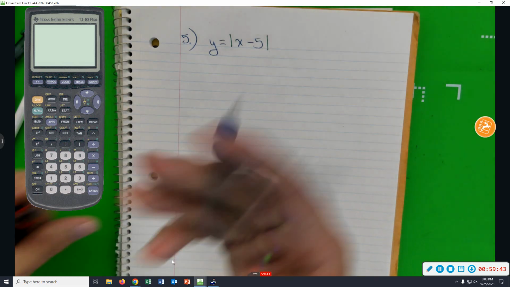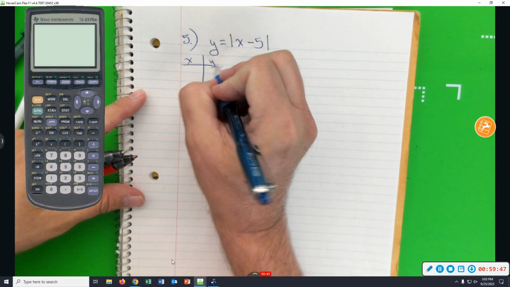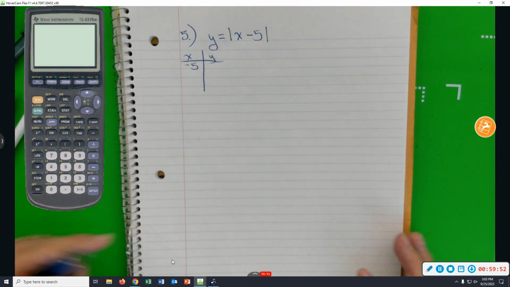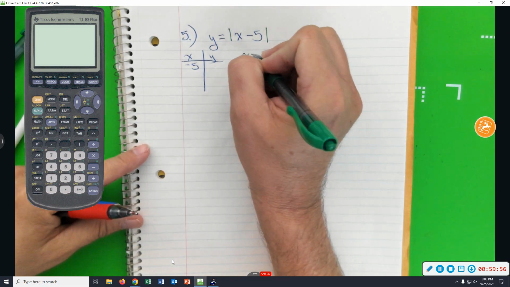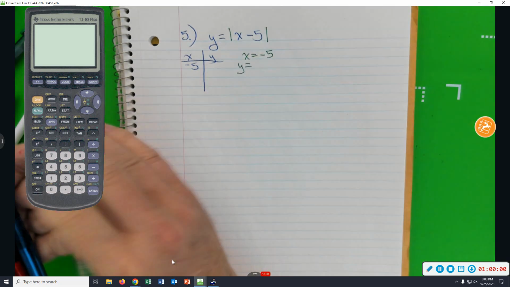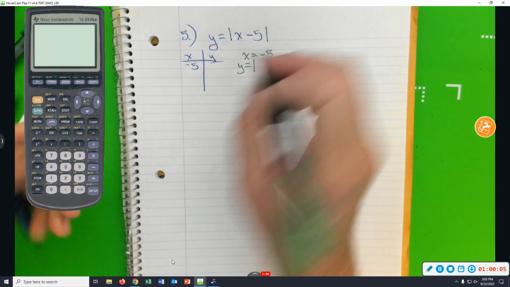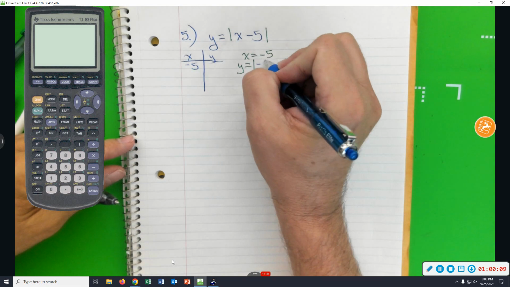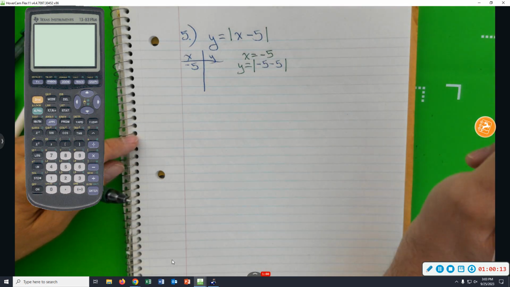So we're making our little table of values. We're plugging in -5 for x. So we have y equals the absolute value of -5 minus 5. What's -5 minus 5? Be careful, don't say 0.